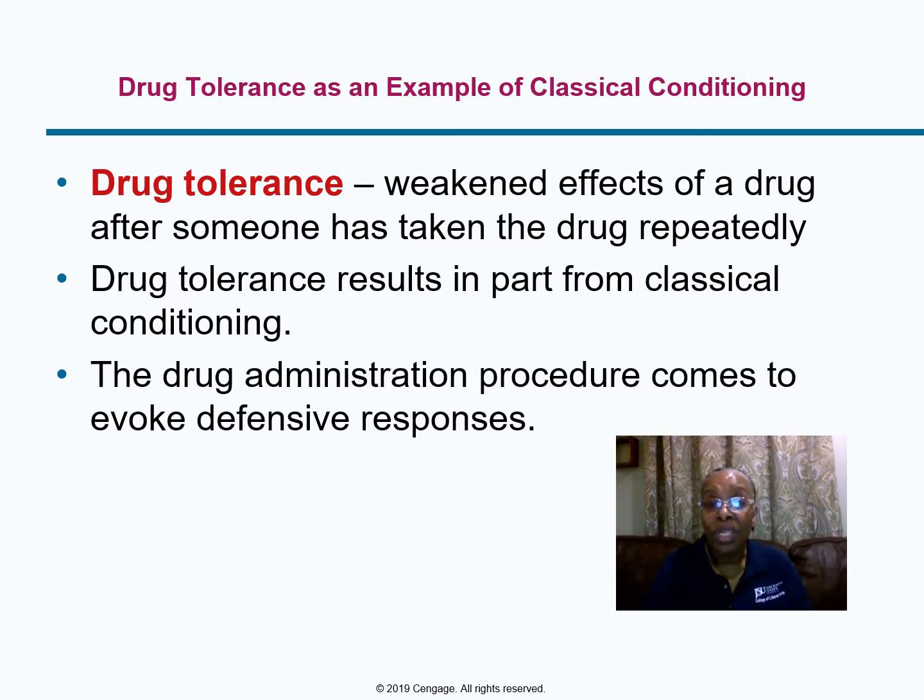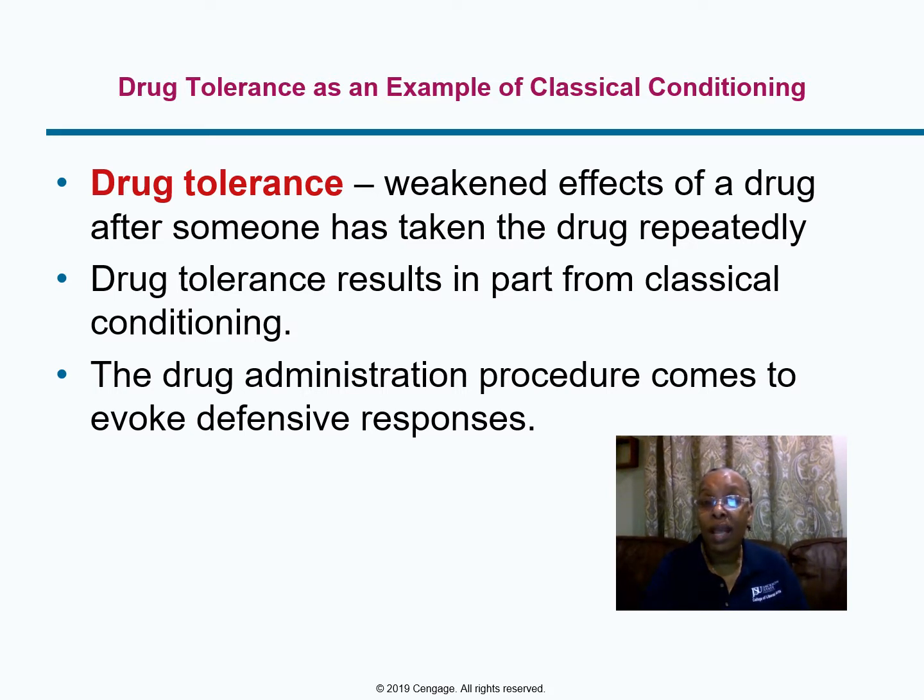When that drug reaches the brain, it triggers a variety of different body defenses, and that'll include changes in our hormone secretions, our heart rate, as well as our breathing rate. This is going to counteract the effects of the drug itself. So whenever one stimulus helps to predict a second stimulus, it's going to help to produce an automatic response. That's when classical conditioning can occur.